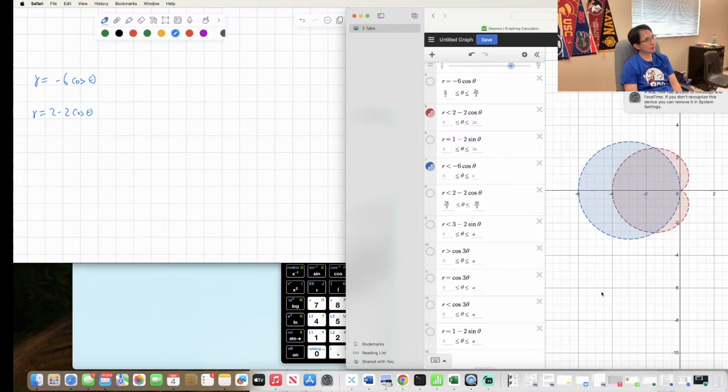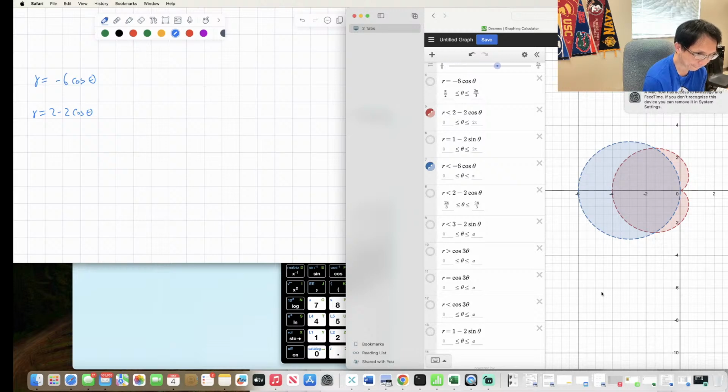I'm trying to see if I can make it move. Oh, slider? Oh, never mind.